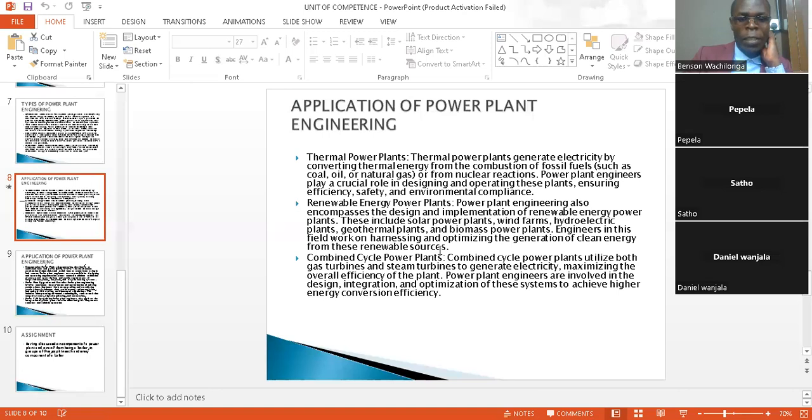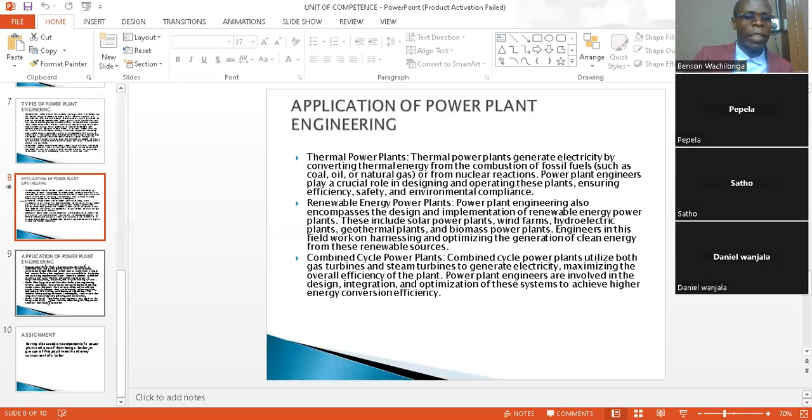Power plant engineering also encompasses the design and implementation of renewable energy power plants. This includes solar power plants, wind farms, hydroelectric plants, geothermal plants, and biomass power plants. Then number 3, we have the combined cycle power plants.